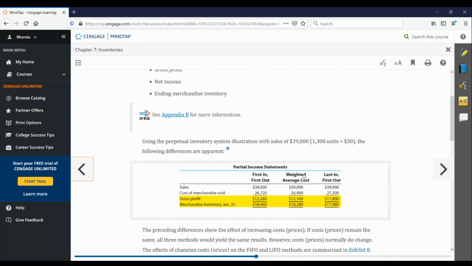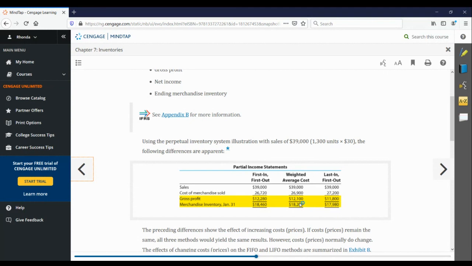Now, you'll remember that the last time that we met, we talked about the weighted average cost method. If management chooses to use weighted average, the gross profit and the ending inventory will fall somewhere in between the first in, first out method and the last in, first out method. As you can see, under the weighted average method, the gross profit, which would end up on your income statement, is $12,100.